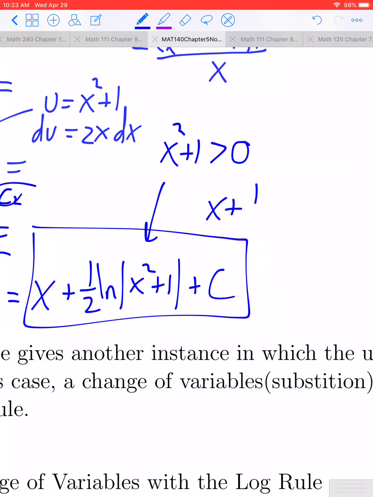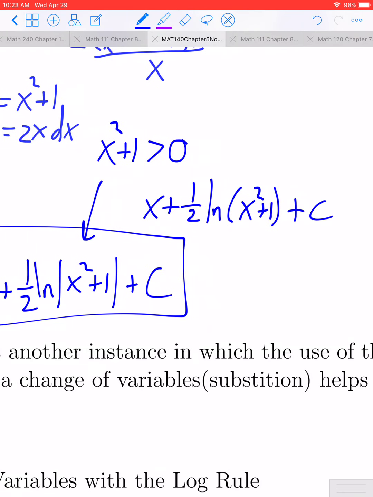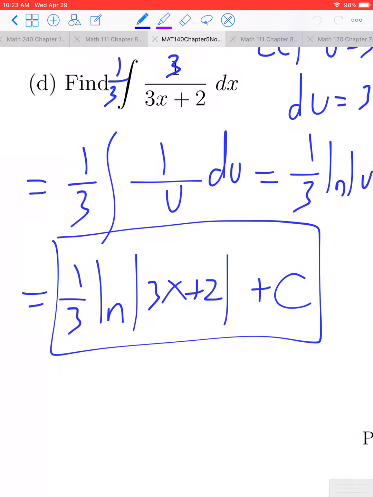So for this particular situation, you can actually get rid of the absolute value bars. They're not going to be necessary. We weren't able to say that for some of the other examples we did. If I scroll back for a moment, if you look at this antiderivative here, 3x plus 2 will be negative for certain values of x.